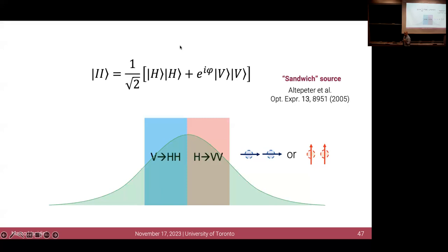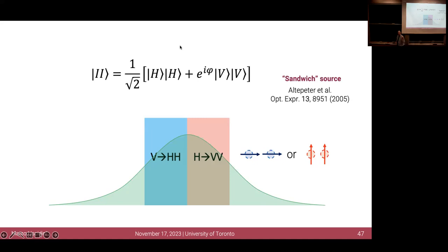So what happens? If I am able to create the pumping conditions such that these 2 events are indistinguishable with respect to the other degrees of freedom, not the polarization, because in polarization they're clearly distinguishable, what I end up with is a coherent superposition of the 2 processes.